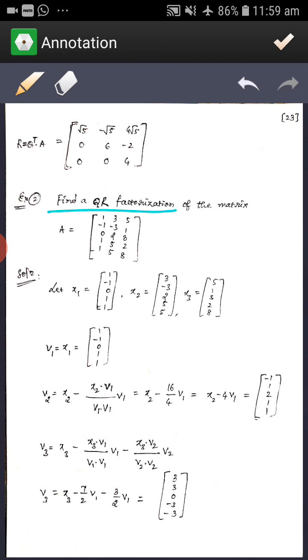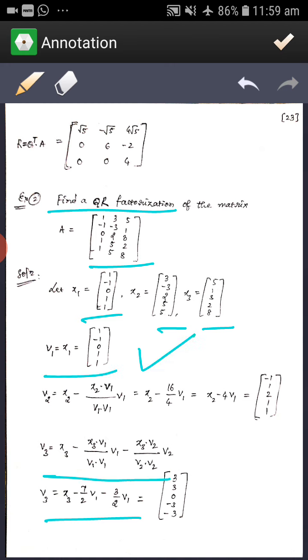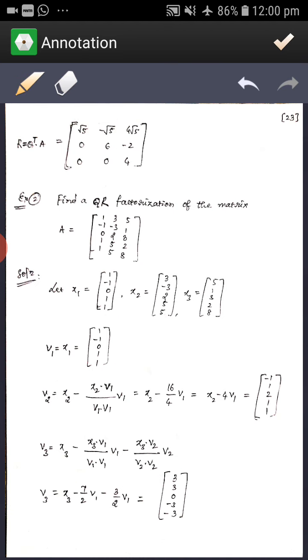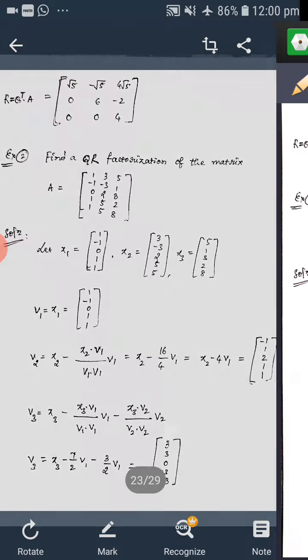Similarly, find the QR factorization of the matrix. Again we take the column vectors as x1, x2, x3 and apply the same formulas. The first one is straightforward, for the second we apply this formula, and for the third we apply this formula. The individual component calculations are not shown here, so you can follow the previous process and calculate them as previously explained.